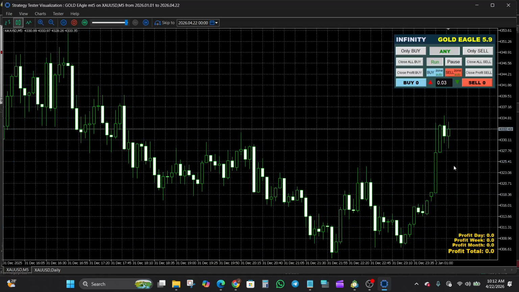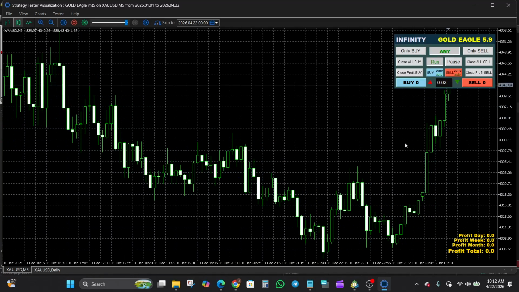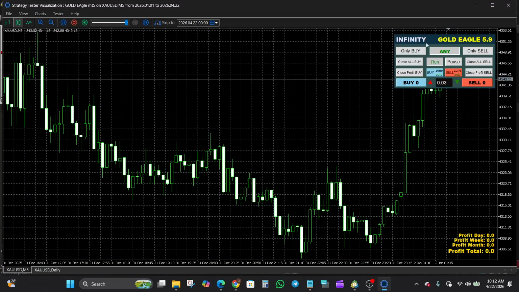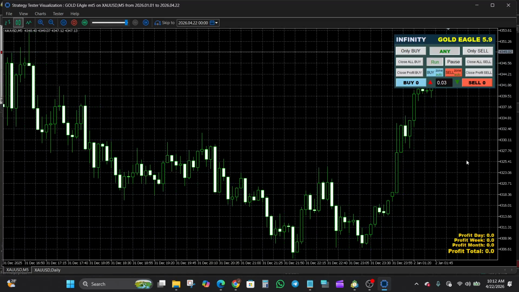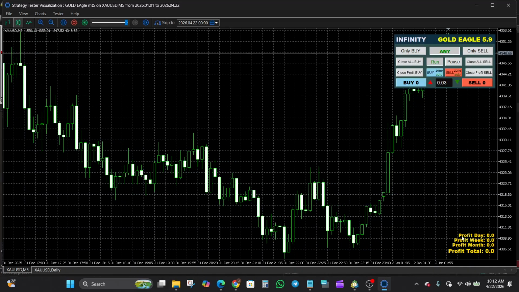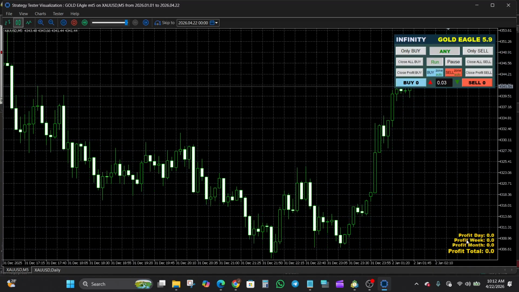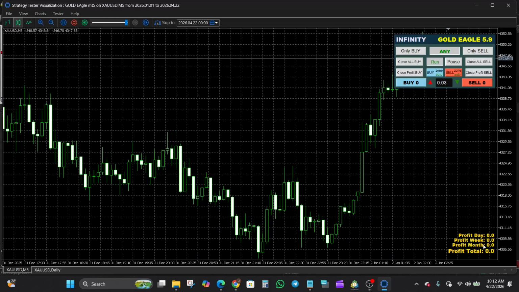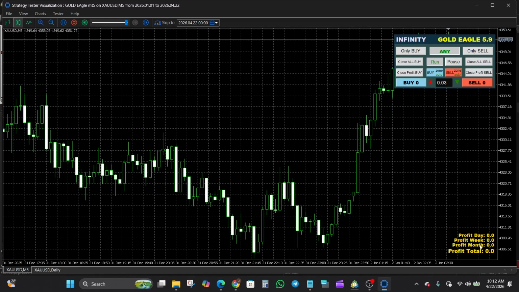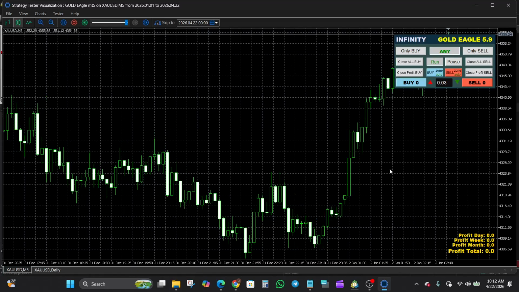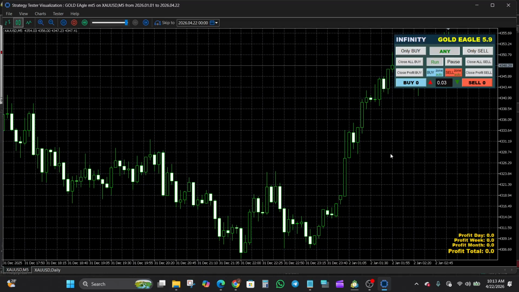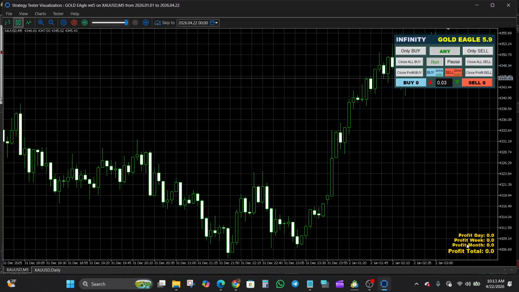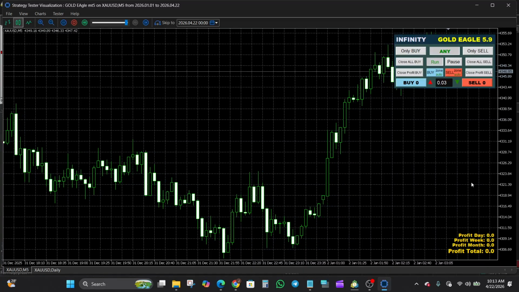Okay, so we can see the dashboard here for the manual trading, right? You can see that here we already discussed that, and then you can also see the information here being displayed by the EA: profit day, profit week, profit month, and then the profit total. All right. So while the EA helps to execute trade automatically, it also displays important information about the profits that have been gotten over specific periods of time.